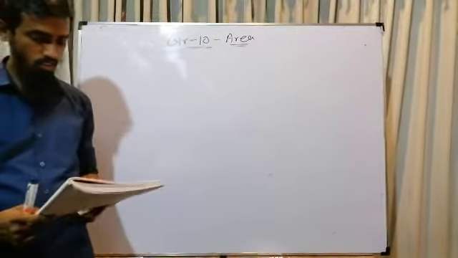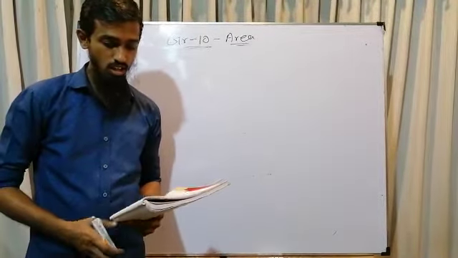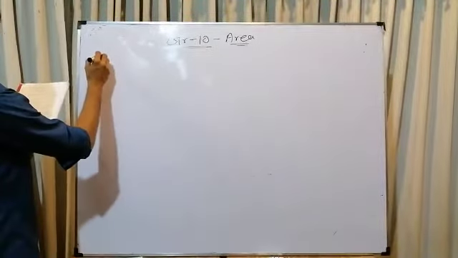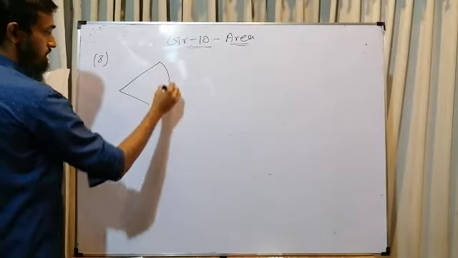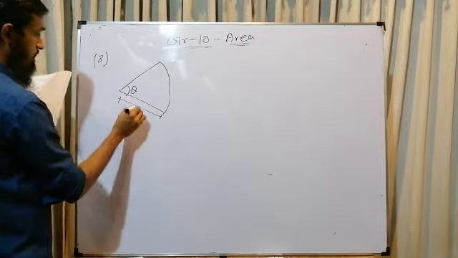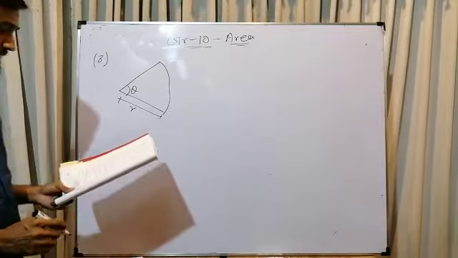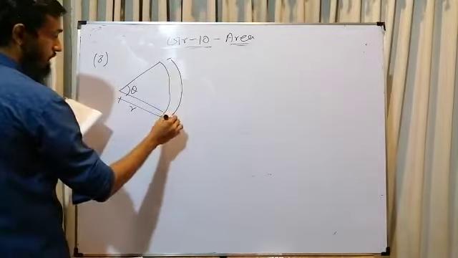8th question. The arc length of the sector with radius r and center angle theta. So we draw a figure, we can easily identify it. A sector with an angle theta and the radius is r. The arc length of the sector with the radius r and center angle theta is L. So this is what we call arc length.